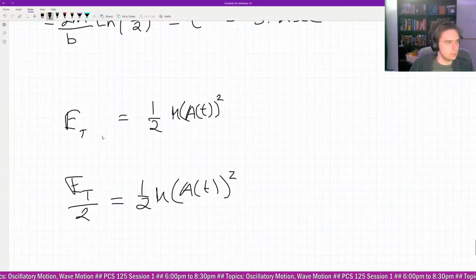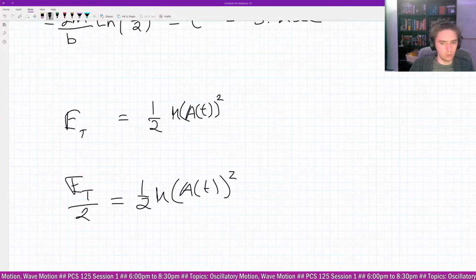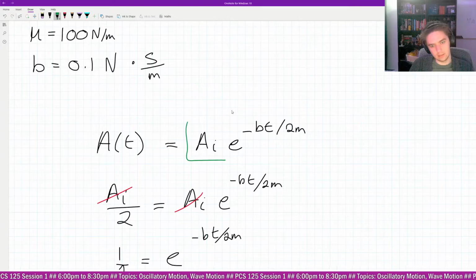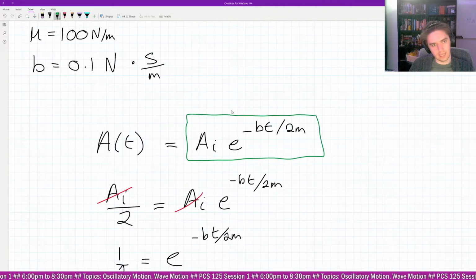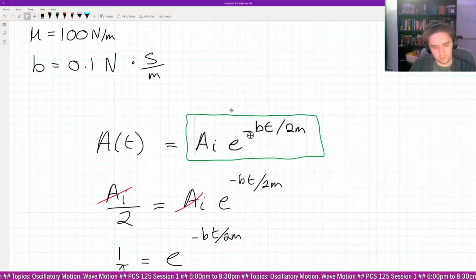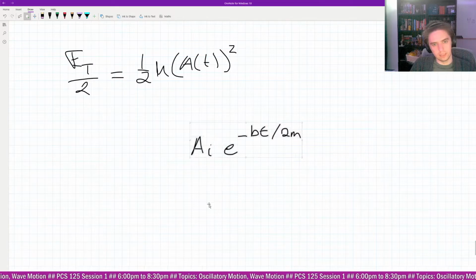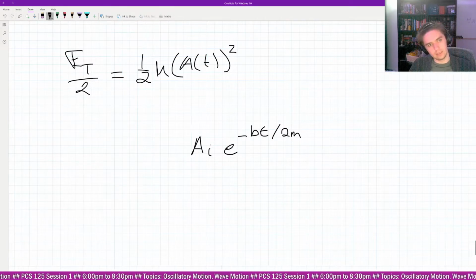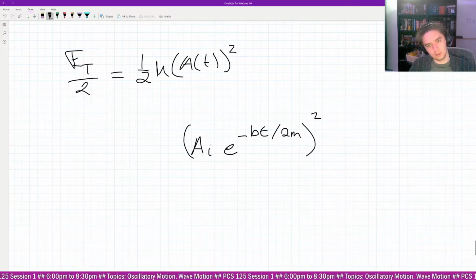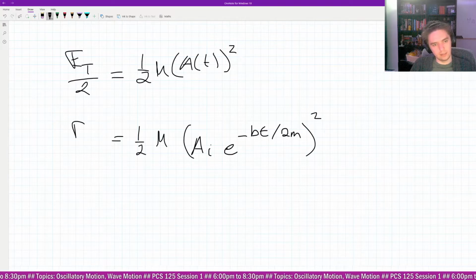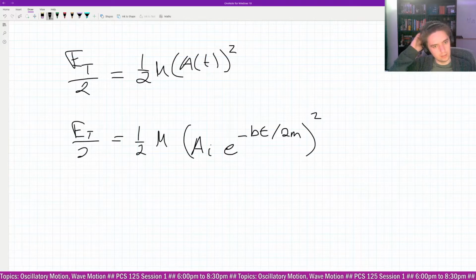I feel like I'm missing something, but let's just keep going. What's A(t)? A(t) is this, so that goes here, squared. So 1/2 k, E total over 2.